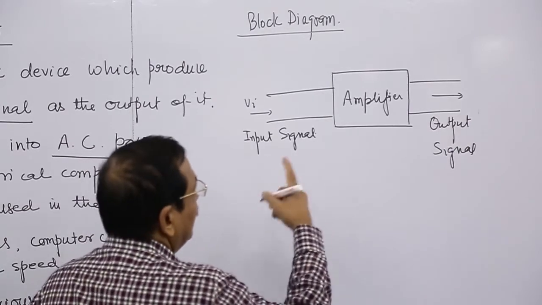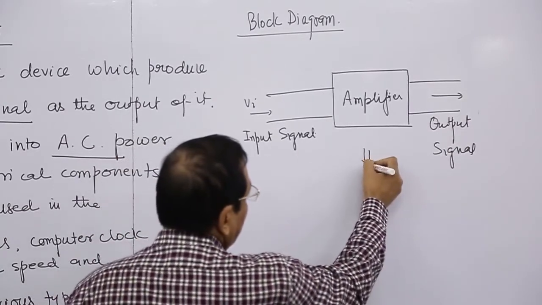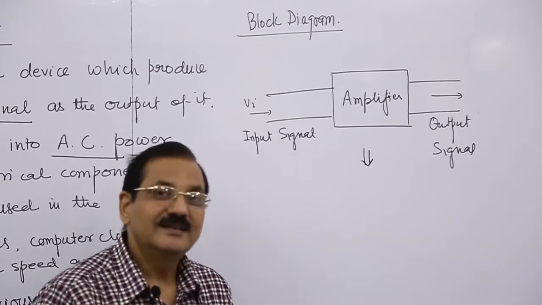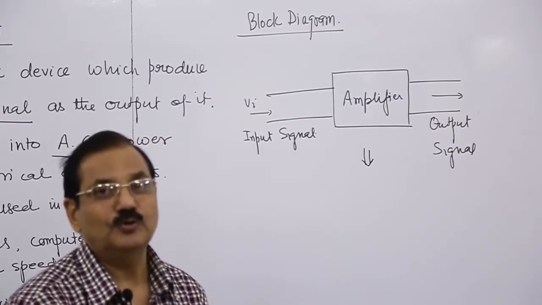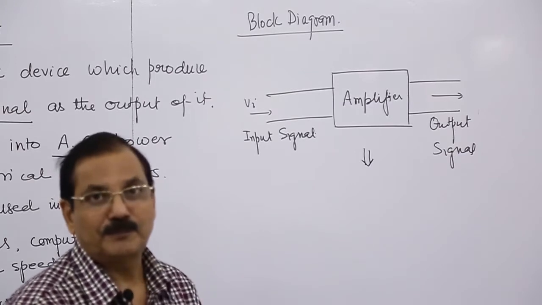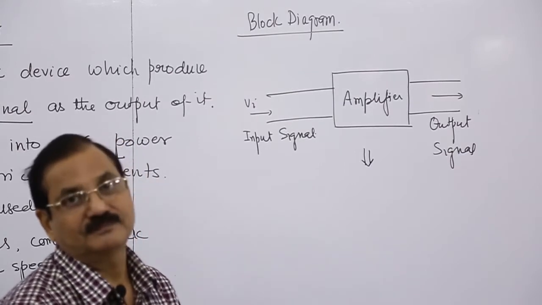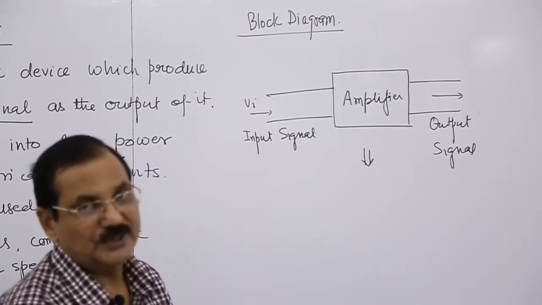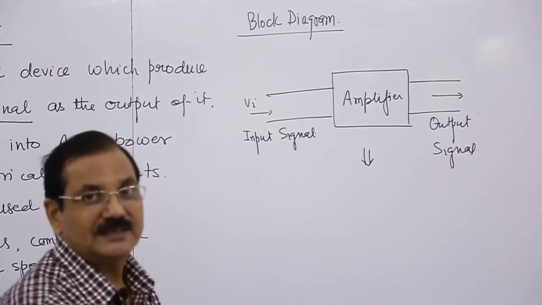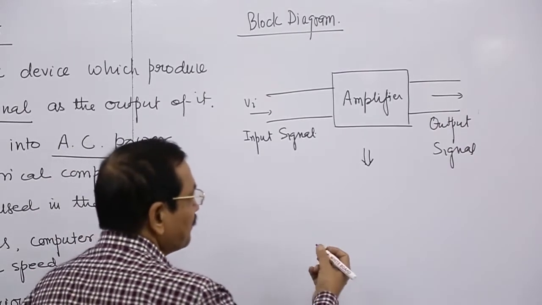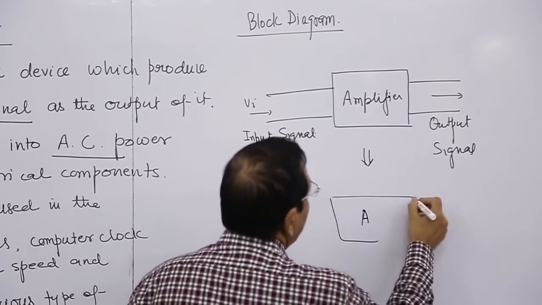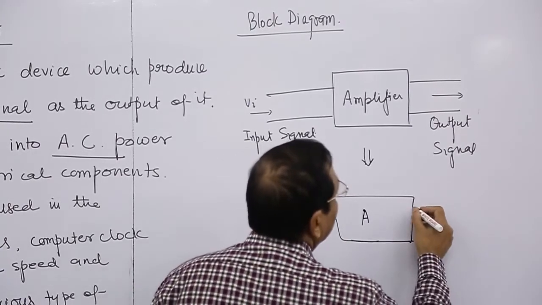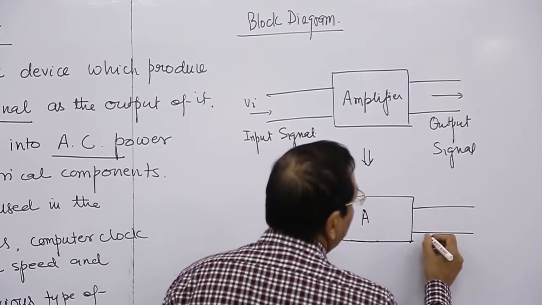In the amplifier, if we feed a proportional voltage from output to input, then it works as an oscillator. Suppose this is an amplifier, here it is the output, and a part of this is fed back in this form.